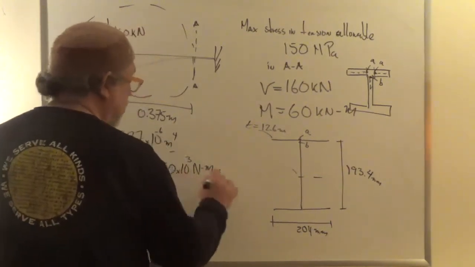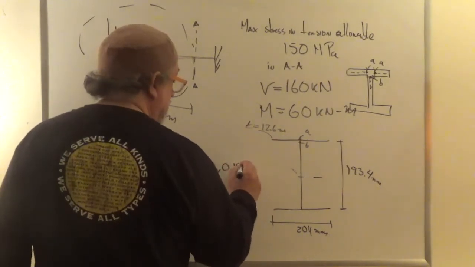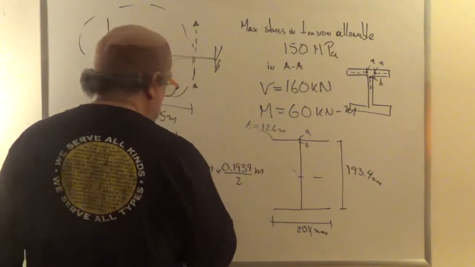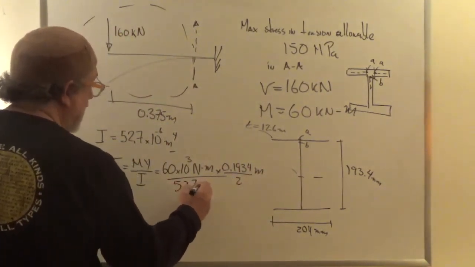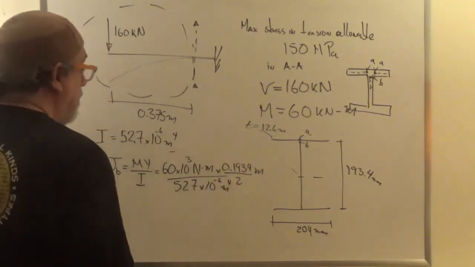That way I just use newtons and meters. This is 0.1934 over 2 meters, and this is 52.7 times 10 to the minus 6 meters to the fourth.